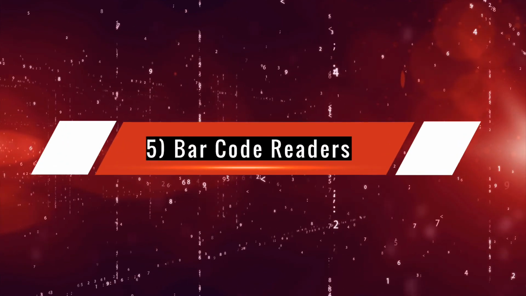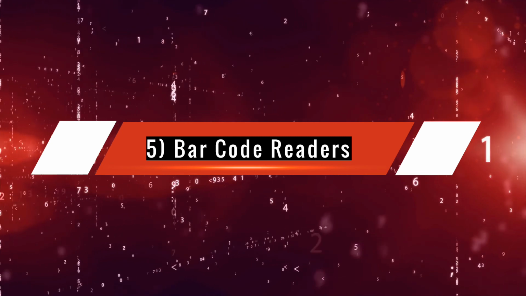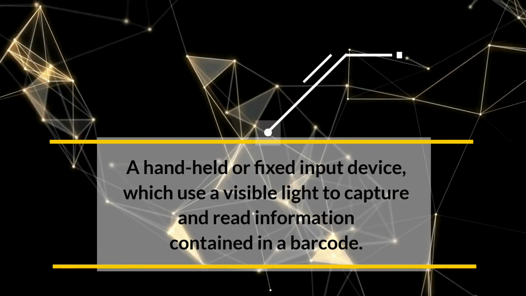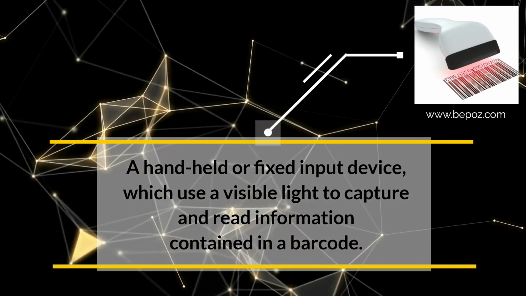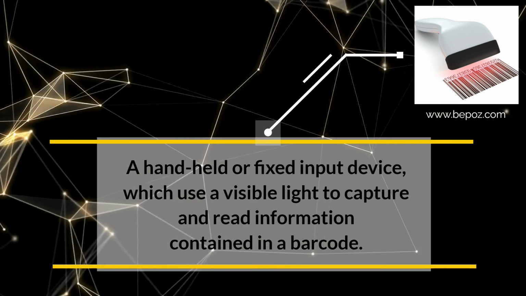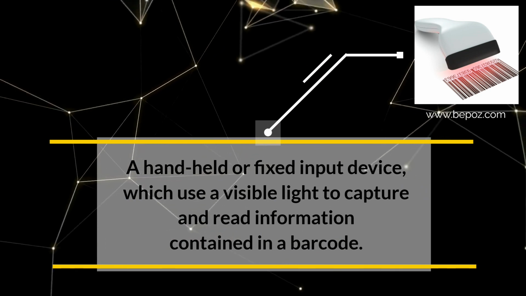Method number 5, barcode readers. That is a handheld or fixed input device which uses visible light to capture and read information contained in a barcode.